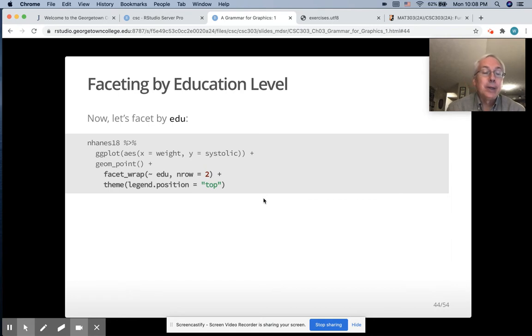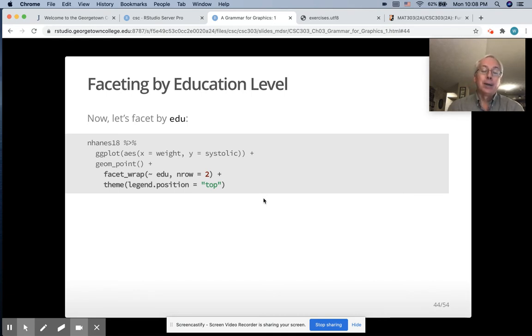The twiddle edu tells us that's the variable we want to facet by, education. N row equals 2 tells me I'm going to report back my results in 2 rows. And then the plus theme legend position equals top is just going to put the values of education at the top of each of my faceted plots.